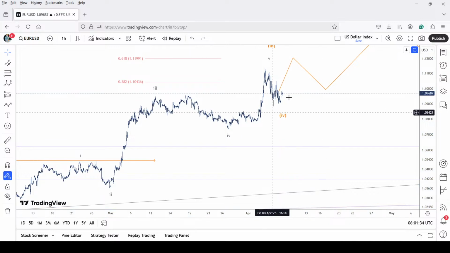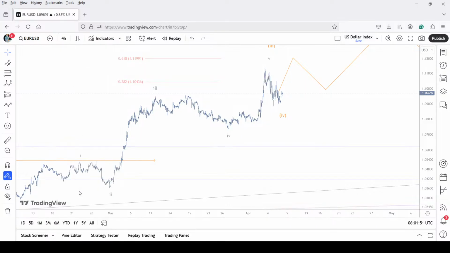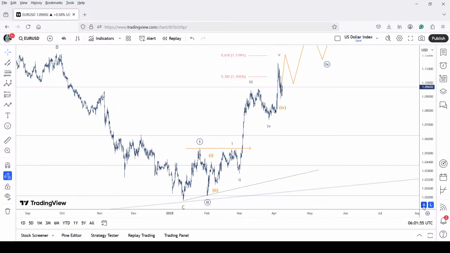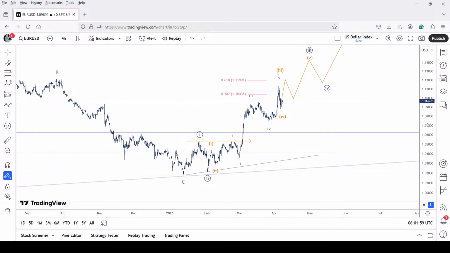All right, so that could be one more low in the making, probably in the zone of 1.0785, which could be minute wave 4, and after that we could see yet another rally materializing back towards minute wave 5, which could also terminate minute wave 3.